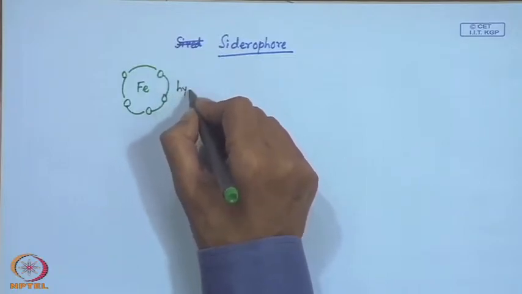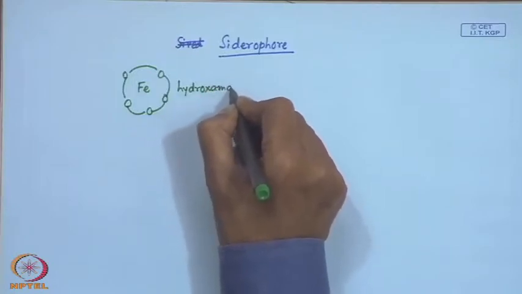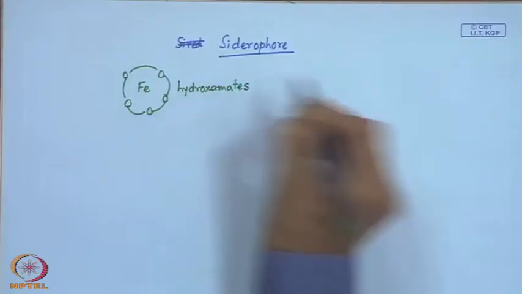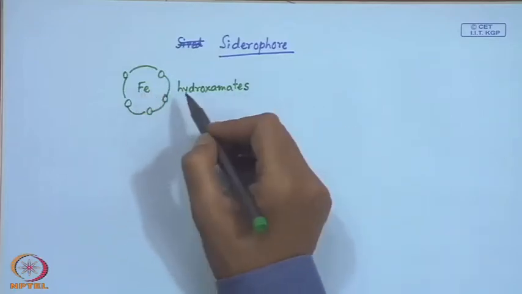So, hydroxamates are there for binding iron within some macrocyclic chelate ring.